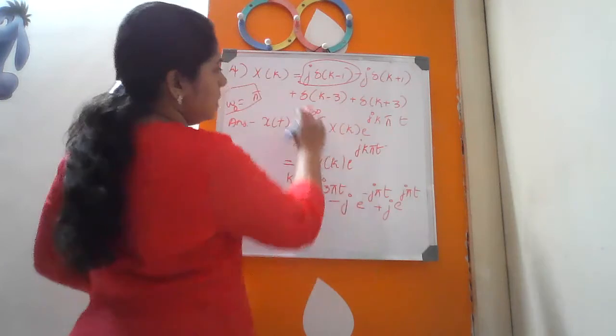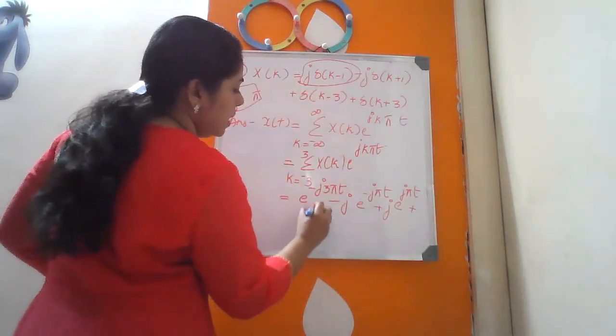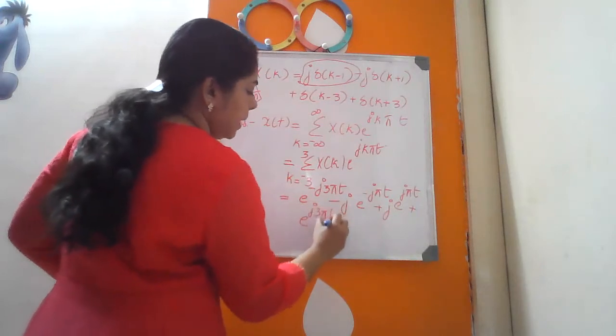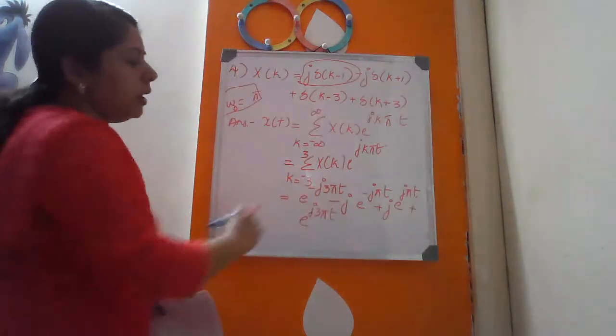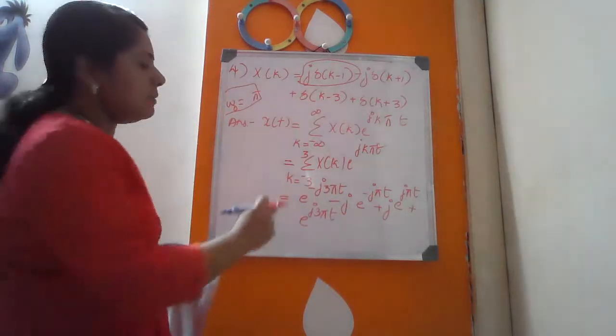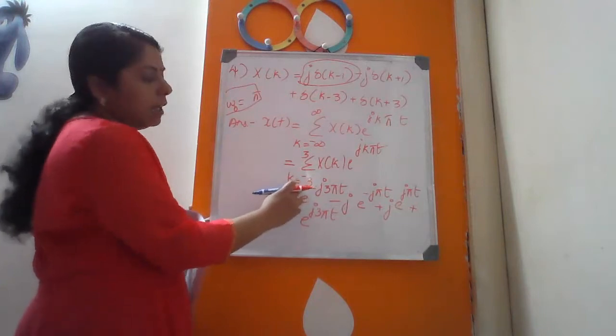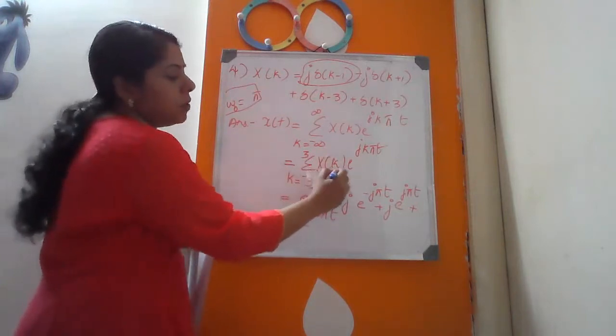Then at plus 3, my amplitude is 1, so plus e power j 3 pi t. So this is what I am getting if I am expanding it. Expanding means if I am substituting different values for k, I'll be getting the x of k value.